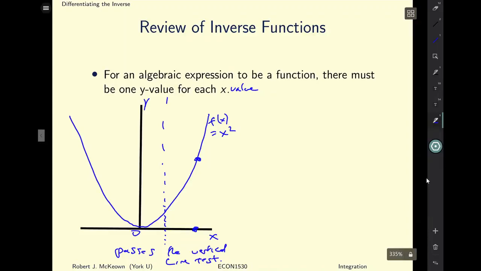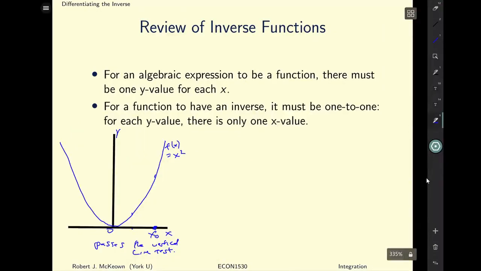If we're at this x and we go up, there is only one y value for, say, this value here, x naught. So for x naught, there is only one y, and we might call that y naught, which is the notation used in the textbook.